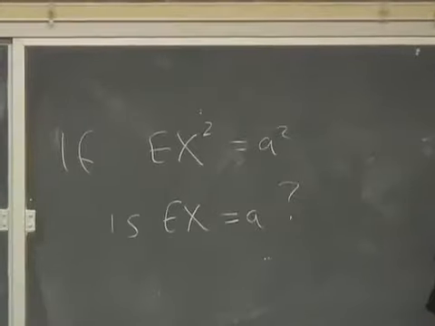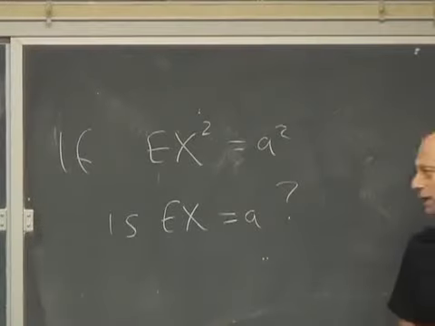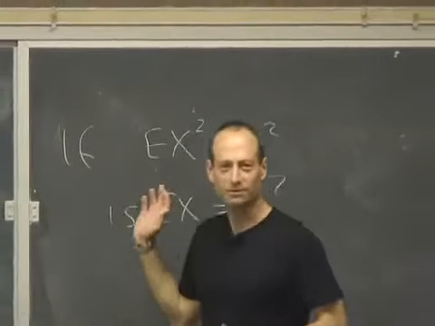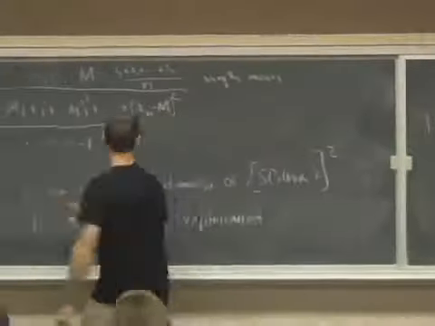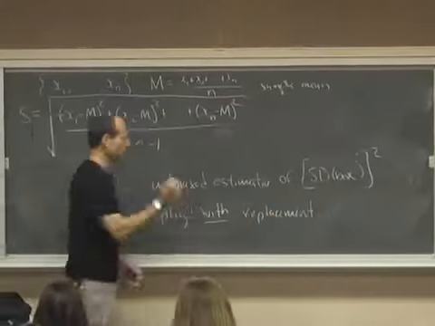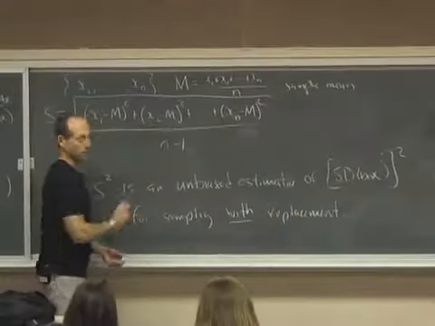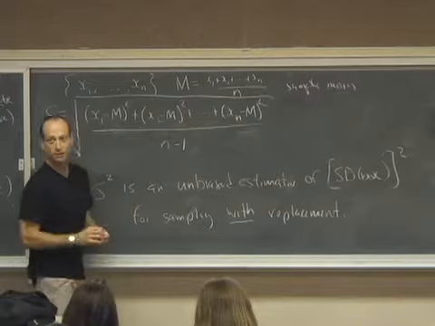Not necessarily, right? Typically not, in fact. So S squared is unbiased for SD of the box squared. That doesn't mean that S is unbiased for SD, right?